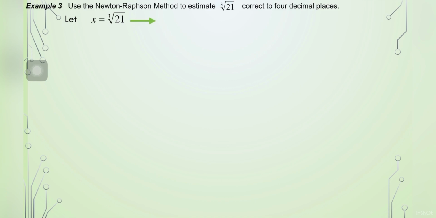Then we have x cubed equals 21. So x cubed minus 21 equals 0. Once we have equated this expression to 0, then we have f(x) equals x cubed minus 21.